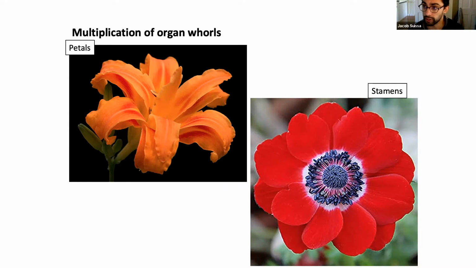Roses usually, naturally, only have one whorl of petals, but in cultivation, most of the roses you get have multiple whorls of petals, and we as humans think they look nice, so that's why we breed them for that trait. But it adds to the diversity of floral morphology, and you can have duplication of stamens as well.